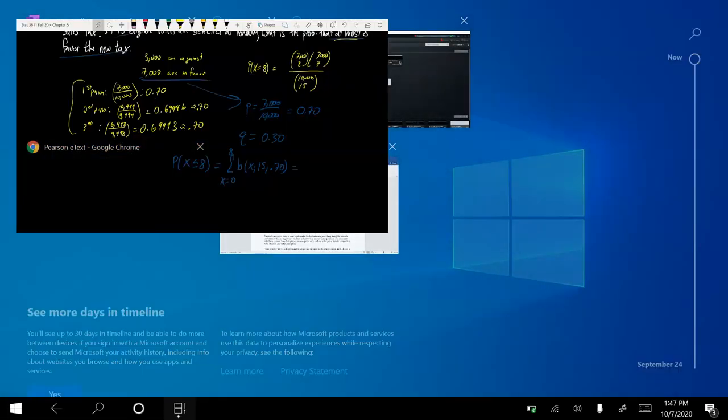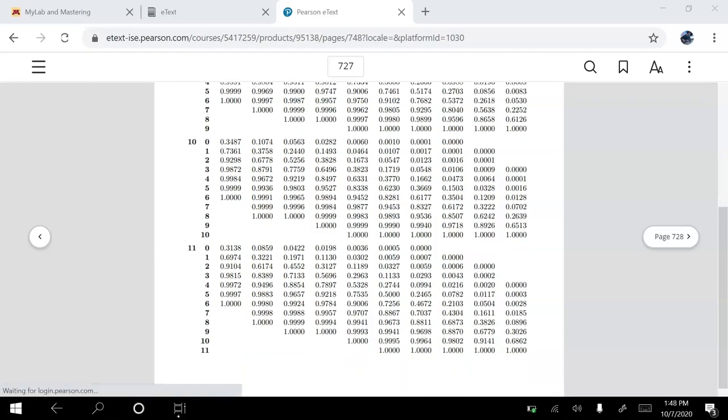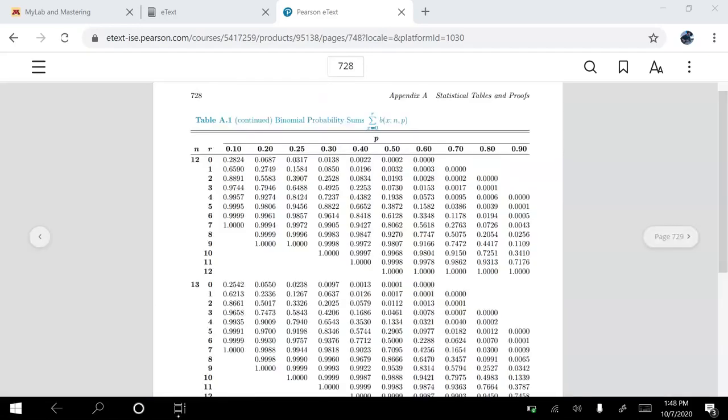Where's my table? And n is 15. Let's see, that might be on the next page of our binomial probability sums here. Let's see, is it down here at all?